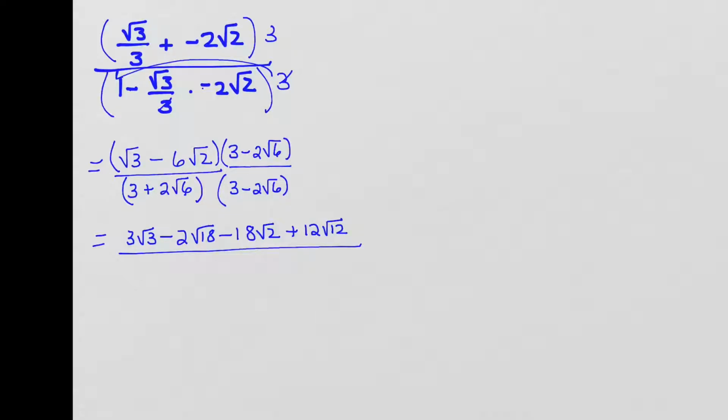And in the denominator, I've got the difference of 2 squares formula. So this is just 9 minus 4 times 6. And the square root of 6 times the square root of 6 is just 6. All right, so what can I do to simplify this? Well, I have 3 square roots of 3. Now 2 times the square root of 18. 18 is 9 times 2.